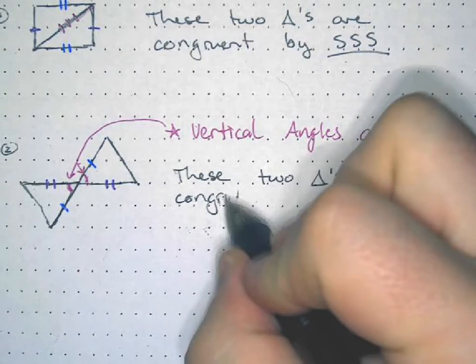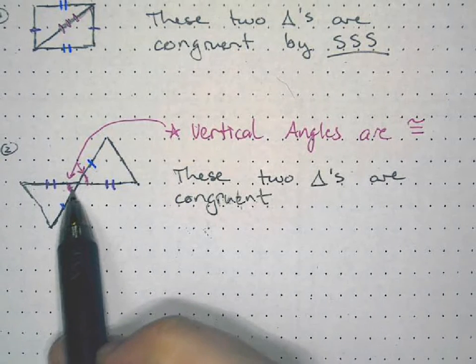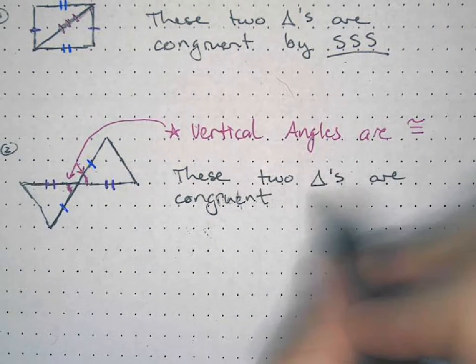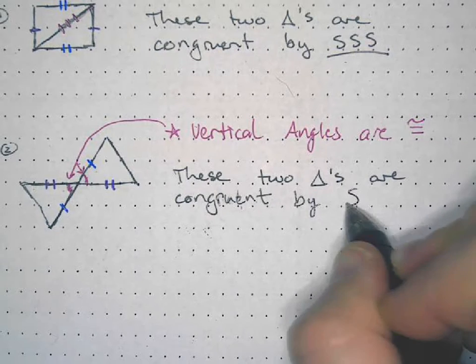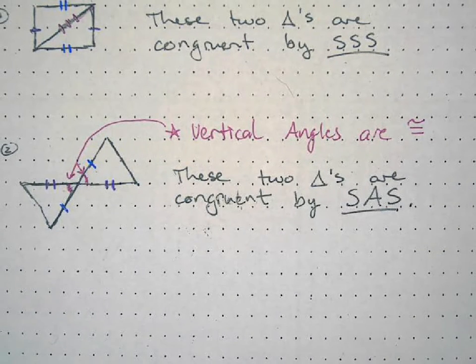And which theorem are we using? Well, we're going to use side angle side, with my angle in between my two sides. So we will say these two triangles are congruent by side, angle, side, like that.